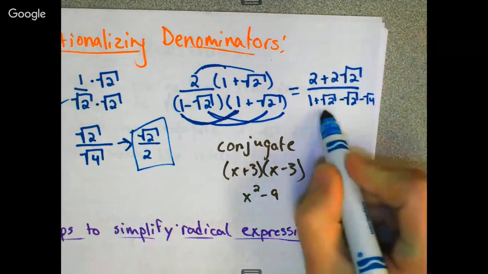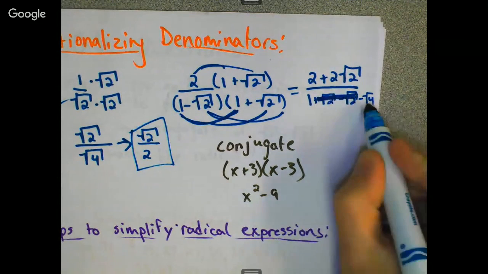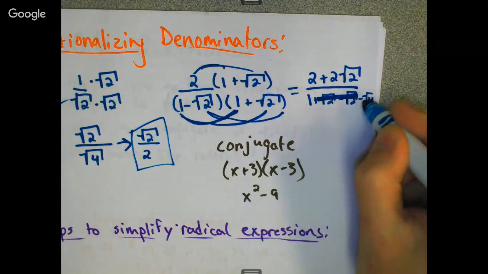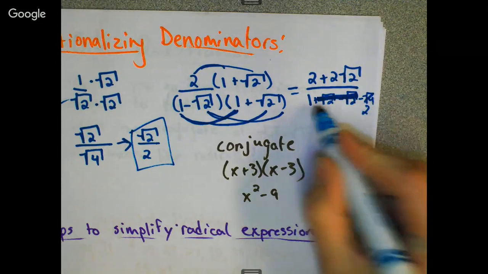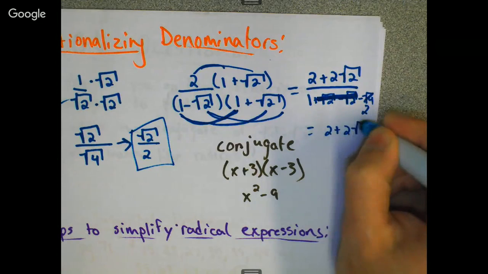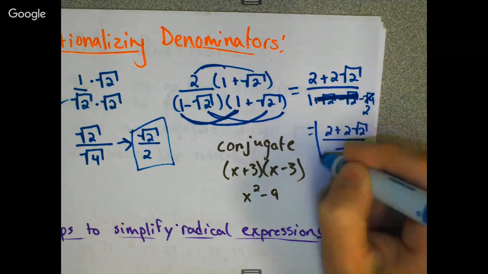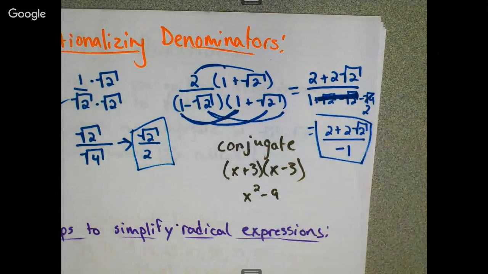Now notice here, you have plus radical 2, minus radical 2, those go away. You have minus radical 4, which is 2. So you have 1 minus 2. So really the answer is 2 plus 2 radical 2 over minus 1. Make sure you multiply this out and double check.